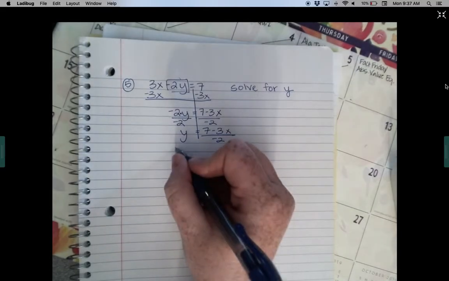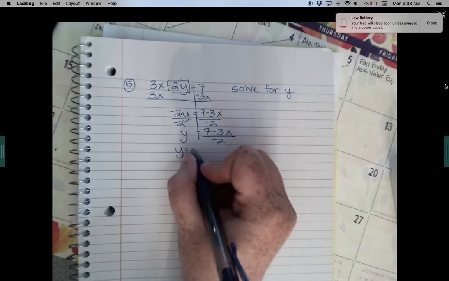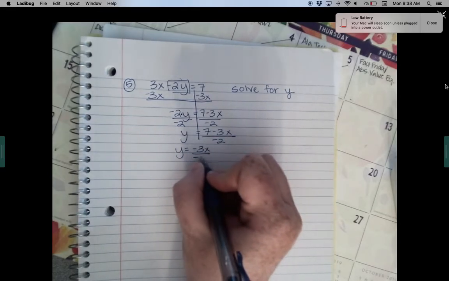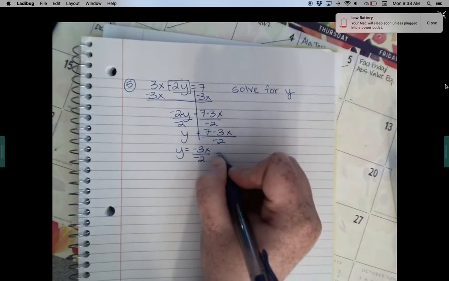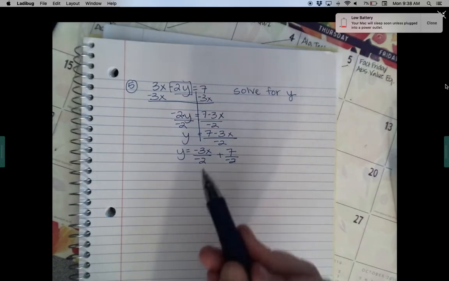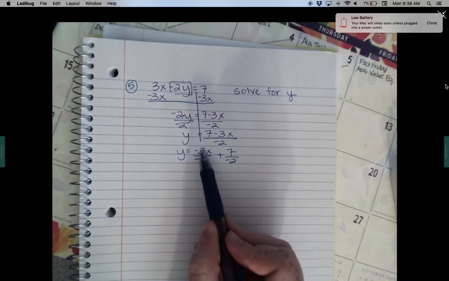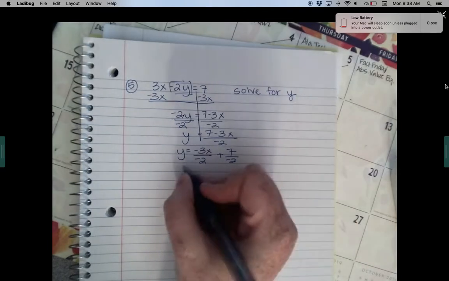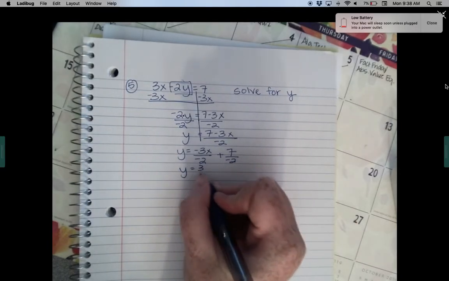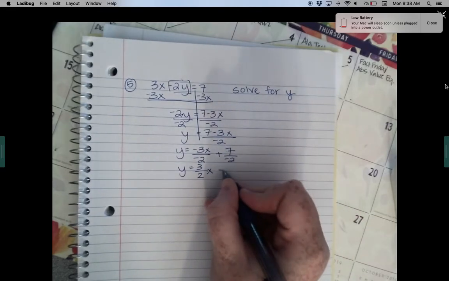So another way to write this would be y equals -3x over -2 plus 7 over -2, because all I did was break it apart into pieces. But I can simplify this further. What's a negative divided by a negative? So 3/2 x. Positive divided by negative is a negative.